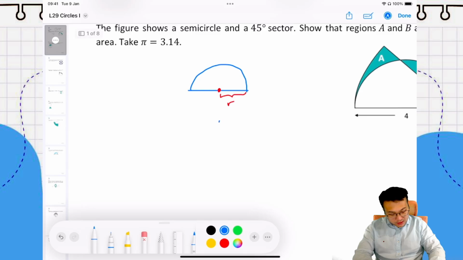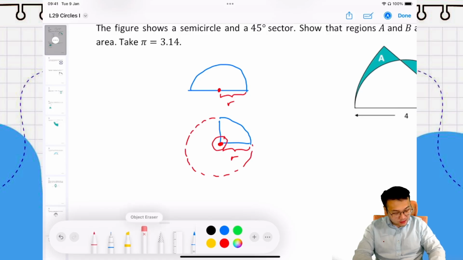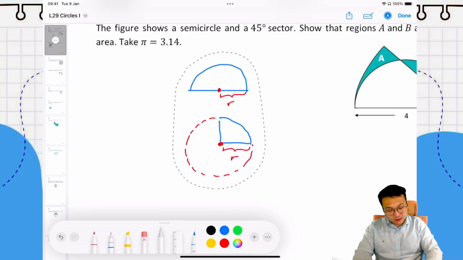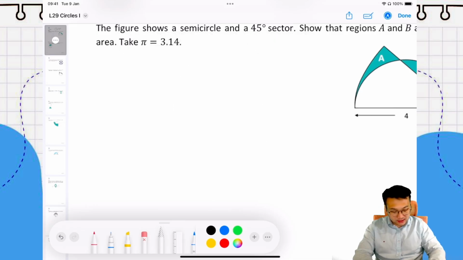Even if I draw a quarter circle, the radius is still from the center of the circle to the circumference, okay? Because a quarter circle is part of a big circle. So the radius is still going to be from the center of that circle. You must imagine that it's a complete circle and then you know where the center is. So this is how you find the radius of a circle. You need to identify it correctly, okay?